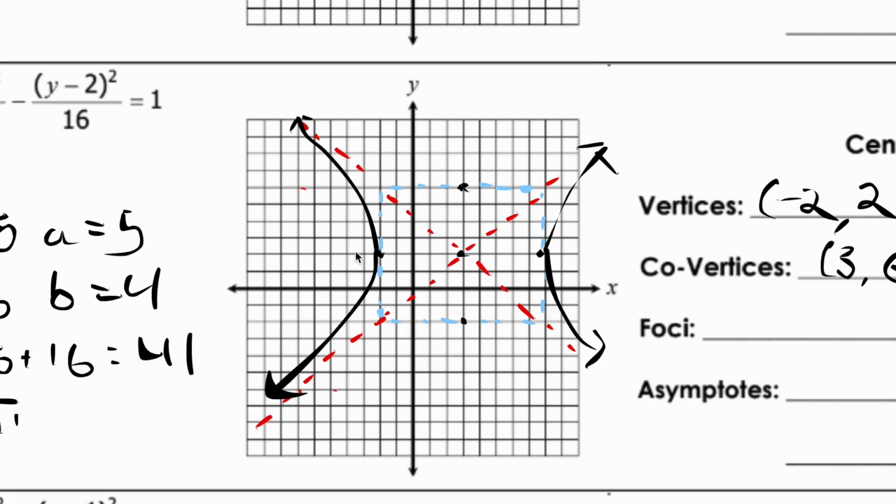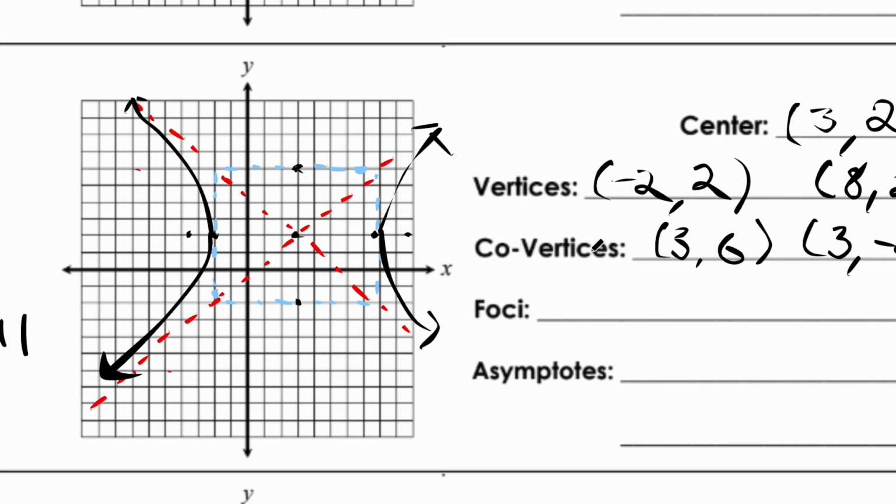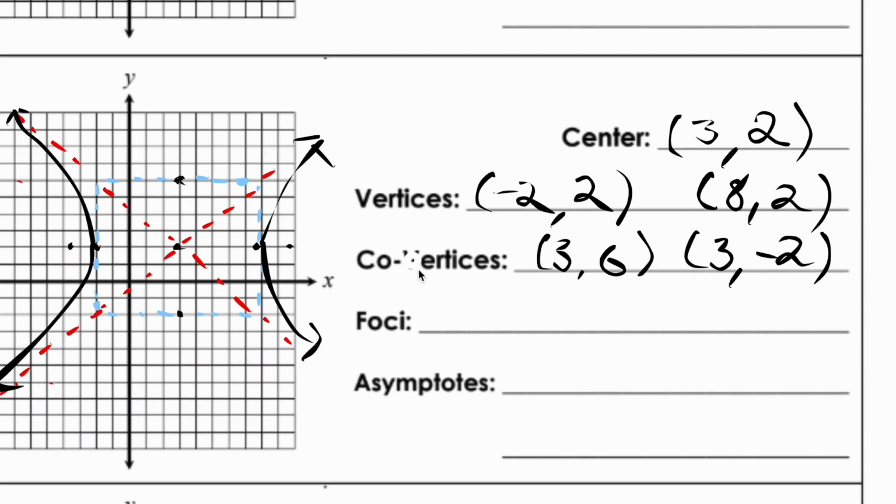It's probably going to be near there. And so our foci are just going to be 3 plus root 41, 2, since we're going in the x direction, and then 3 minus root 41, 2.